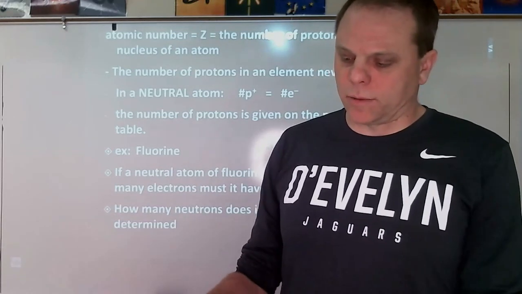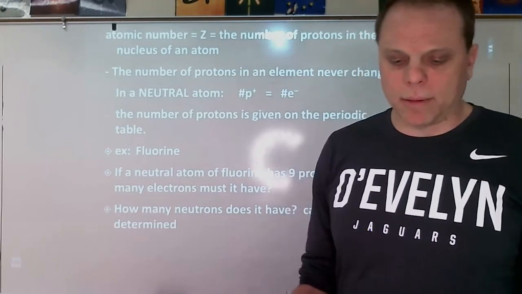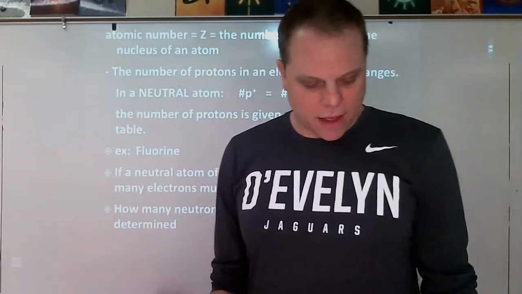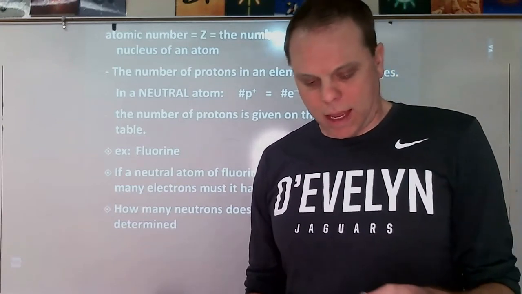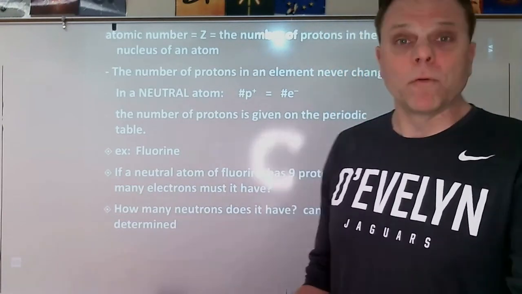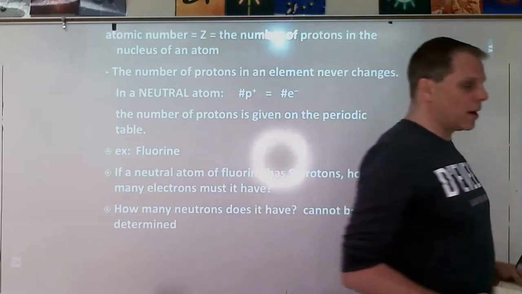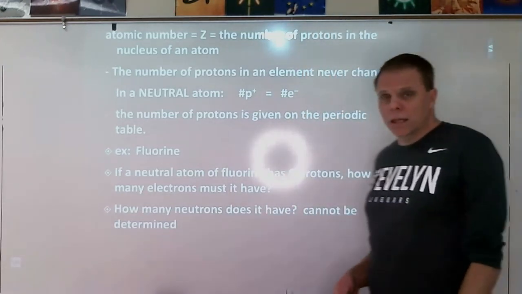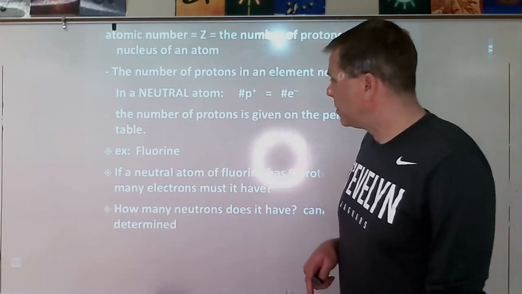Your periodic table is found in the back of your text, on that last back page. You may not have that back page anymore, but hopefully you do. If not, you can look at the periodic table in your classroom, on the resources section of the materials.